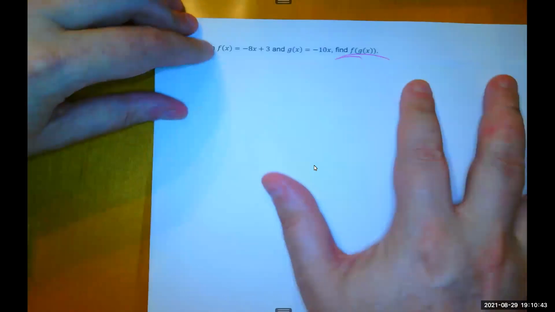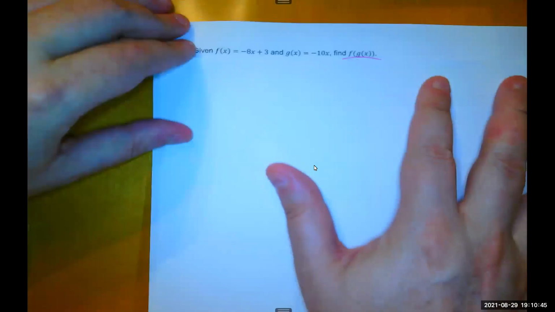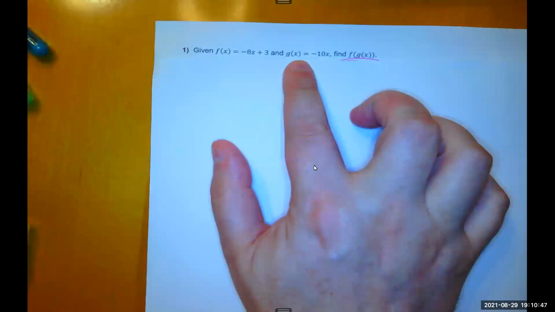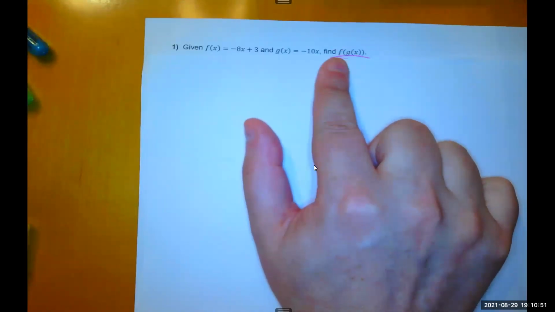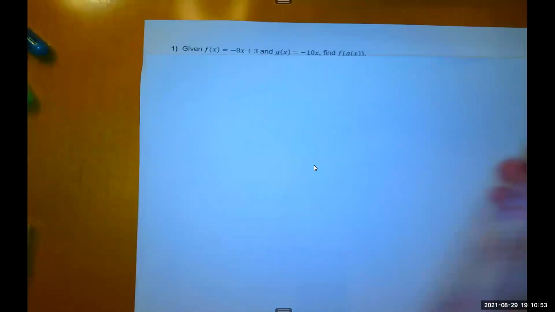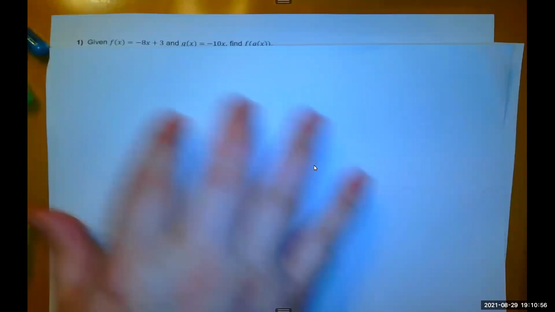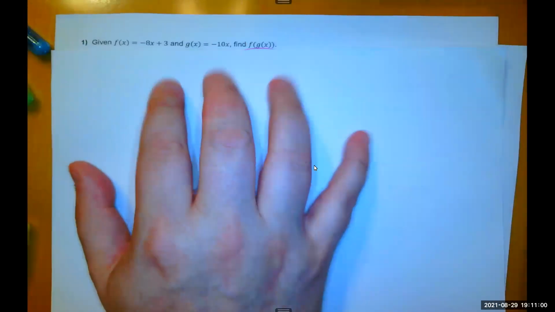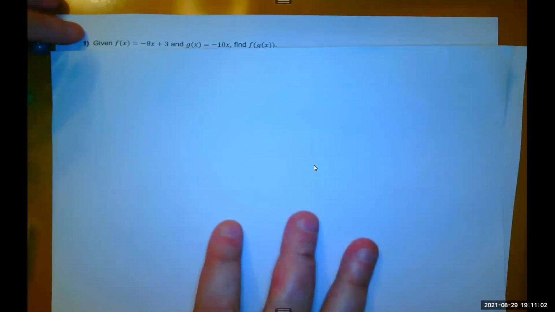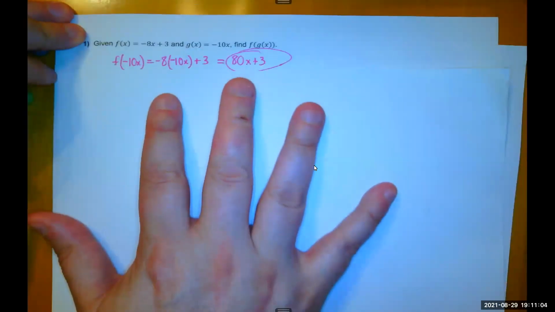So the first one, we're given f and g, and it says find f of g. So g is going to go into f, just like we would if we were dealing with values, not variables, not functions. So there's a few ways to write this. For this first one, I chose to write everything horizontally.